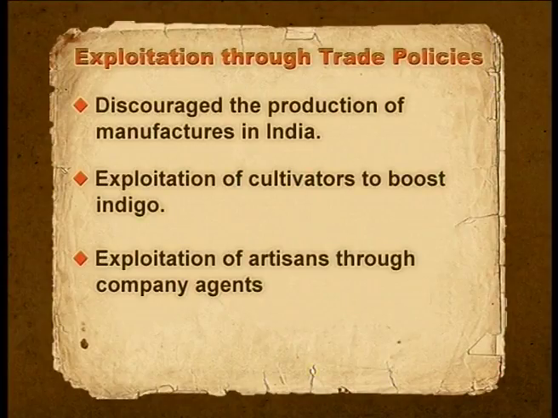In an equal manner, there was exploitation of artisans through company agents. The East India Company appointed some agents, whom they called gumastas, and they went to the villages, forcing the villagers and especially the artisans to sell cotton and silk at a very low price, almost 15 to 45% less than the market price, so that these agents would sell to the British and make huge profits.